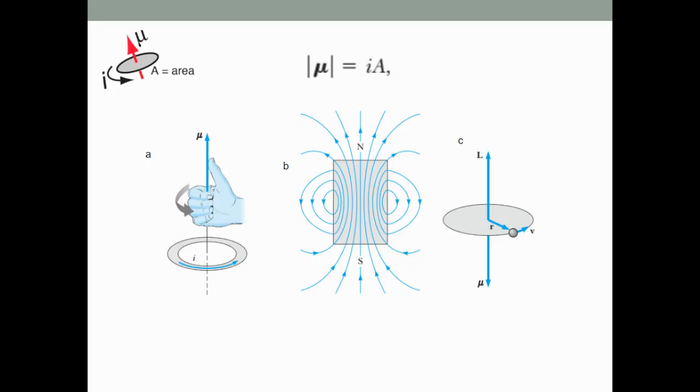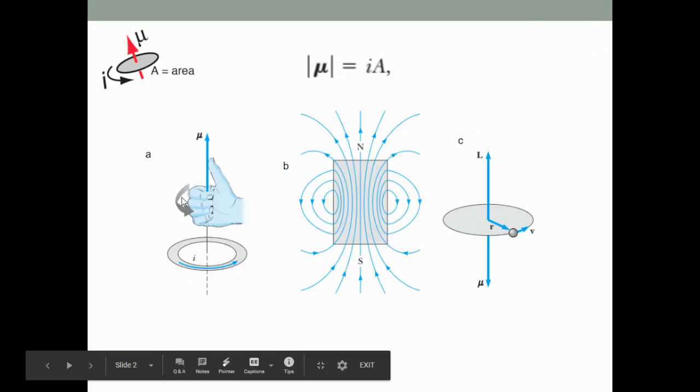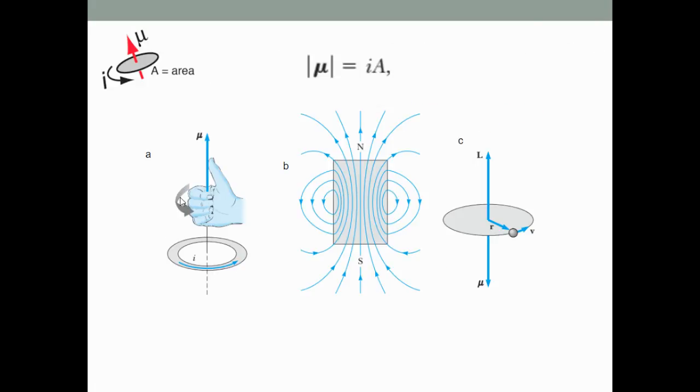The direction of this moment is perpendicular to the plane of the loop, and its sense is given by the right-hand rule, as shown in figure A. This characterization of a current loop as a magnetic dipole implies that its magnetic behavior is similar to that of a bar magnet, with its north-south axis directed along mu, as in figure B.